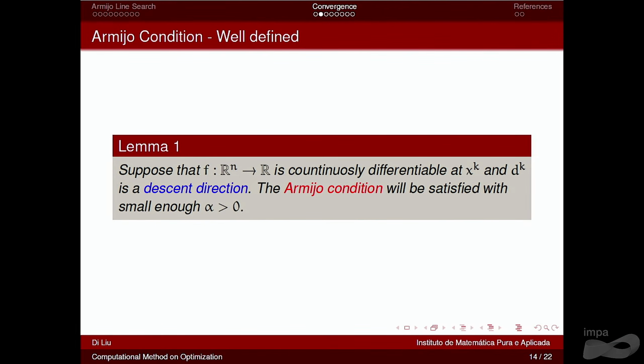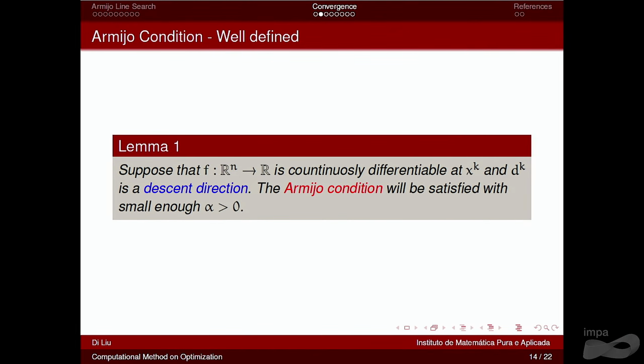Here, we only assume that f is continuously differentiable at point x_k, and d_k is a descent direction. One point: in the convergence analysis, actually we use a more general setting, okay? We just assume that d_k is a descent direction. Of course, we know that the negative gradient is a descent direction, but we prove something more general, okay?